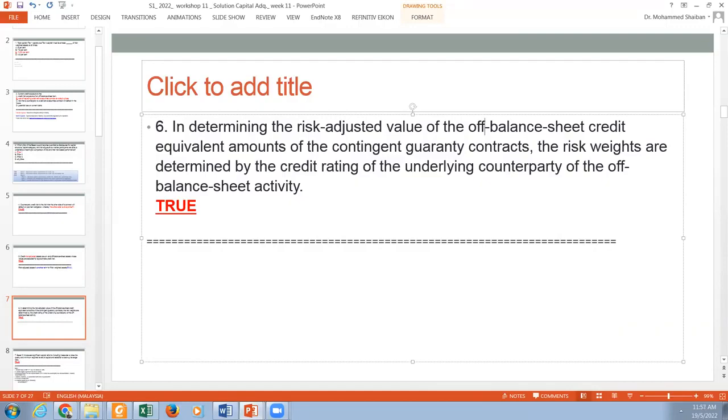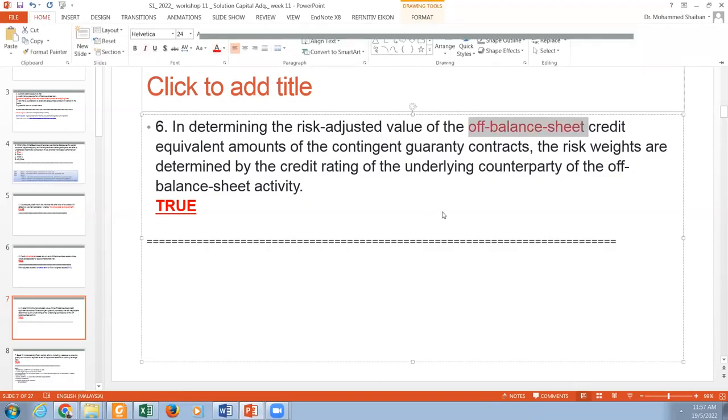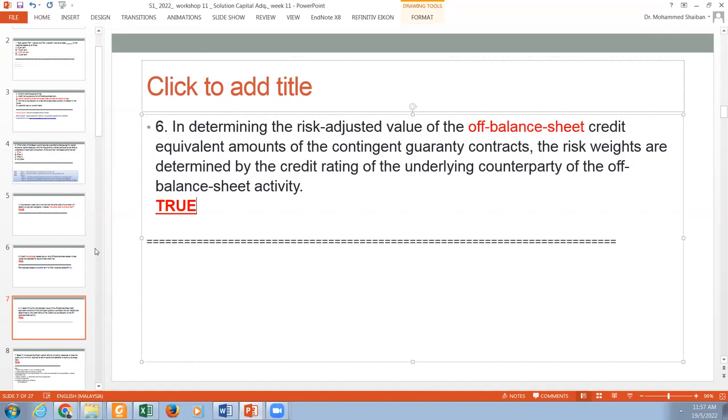So the answer is off balance sheet because we are talking here about guarantee. If you want this to be true, this is off balance sheet. Whether we are talking about on balance sheet or off balance sheet or any contracts, there will be a counterparty. But because here we are talking about contingent guarantee, then we are talking about off balance sheet.